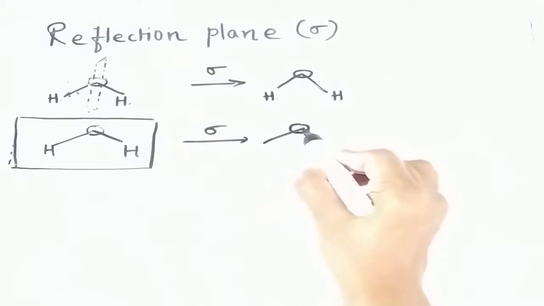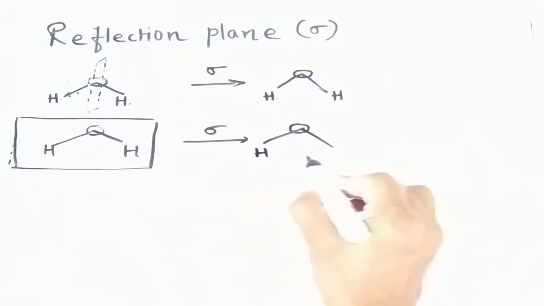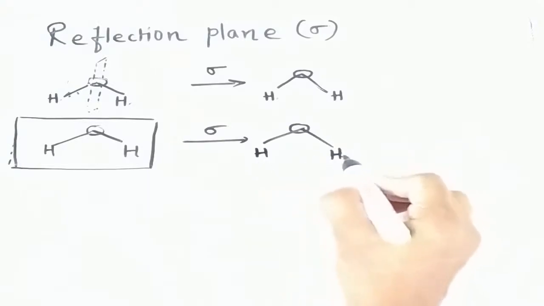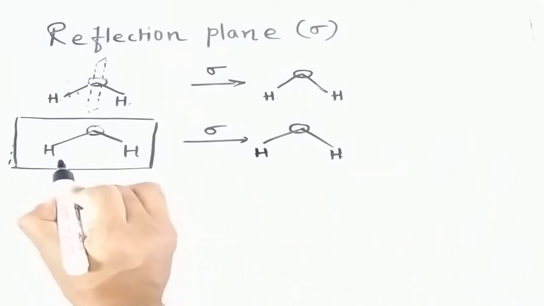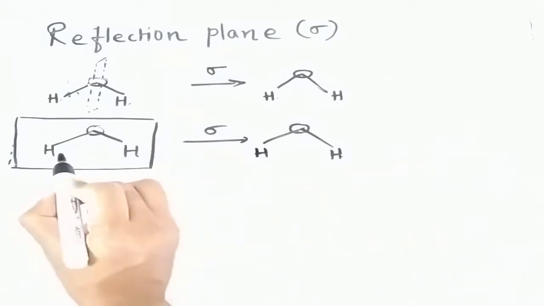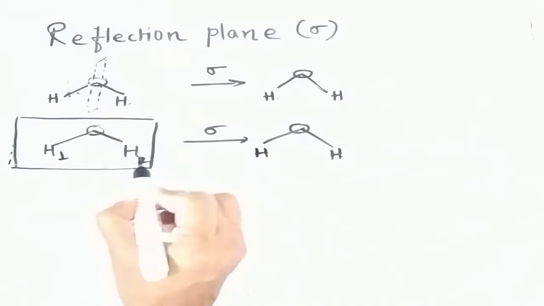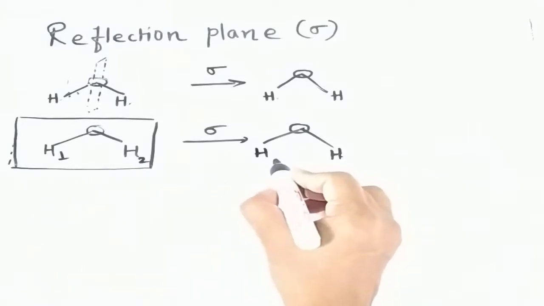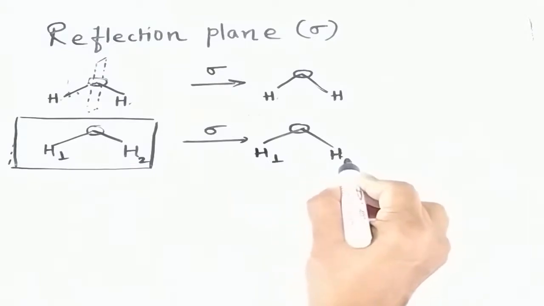Now I can also write numbers on them. Here in this plane your numbers will not change. The reason is that the molecular plane has passed through all the atoms.